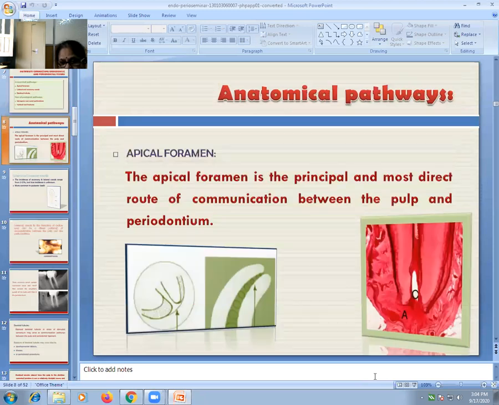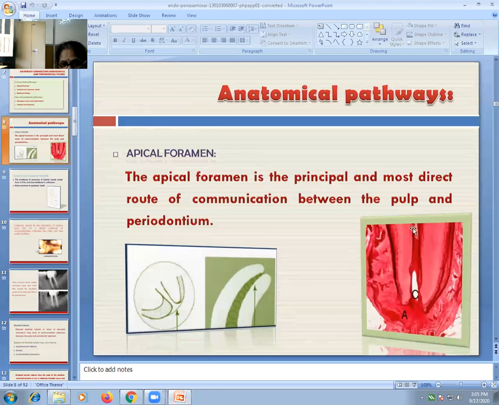When you talk about the apical foramen, we have discussed it many times because it is the key area of endodontic treatment. Whenever there is pulpal involvement, you are confined within the apical foramen. This is the apical foramen which you can see in the diagram, because it is the main principal and direct route to the periodontium.